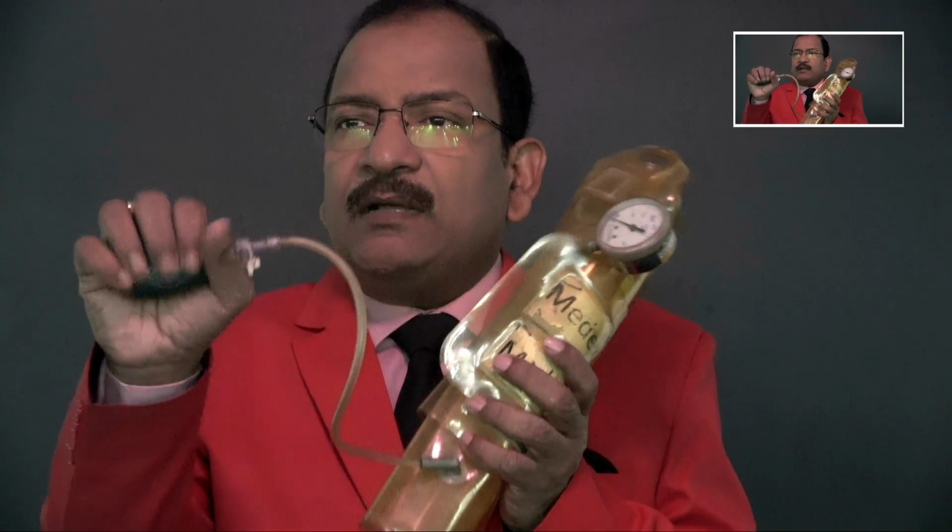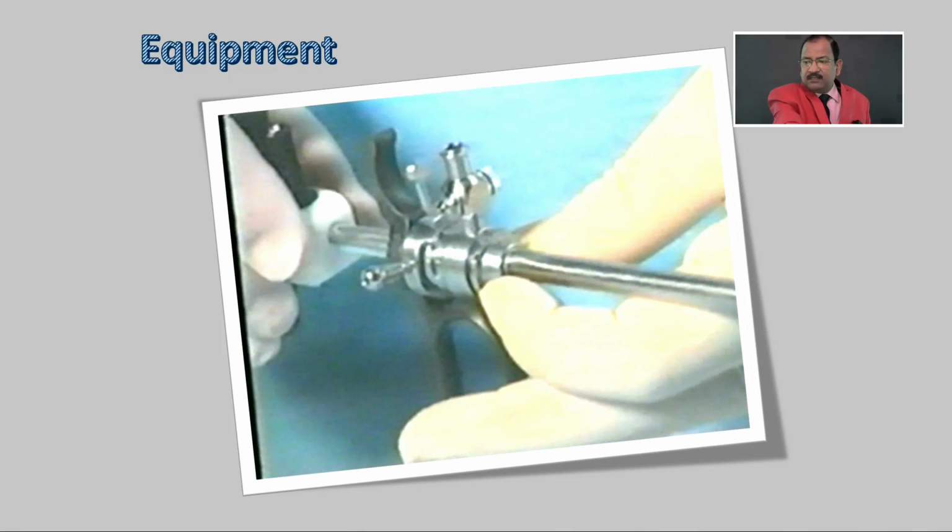And there is a pump here, you will put the pressure, and if your pressure is more than desired, it has a safety lock, it will release, because excessive pressure can create vasovagal shock, the patient may collapse.